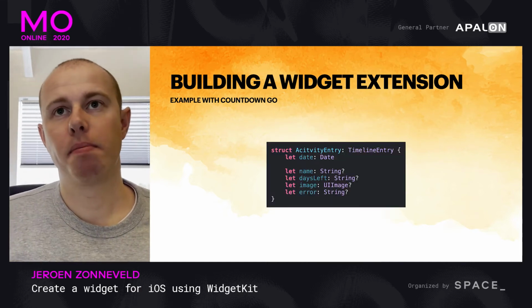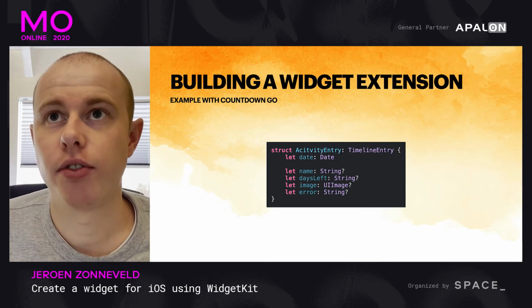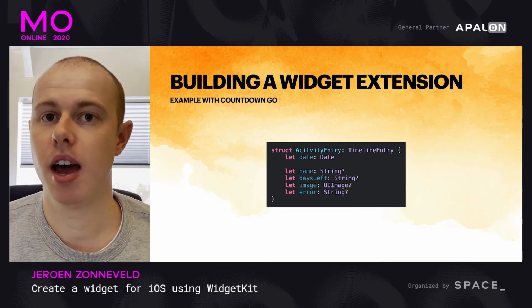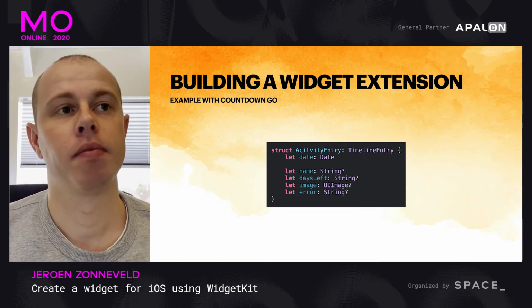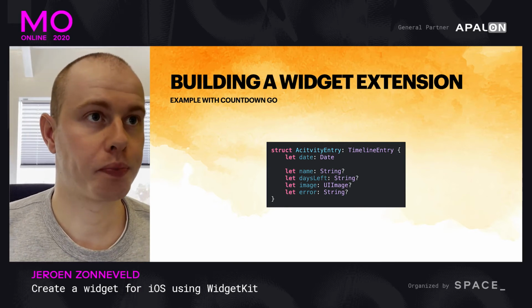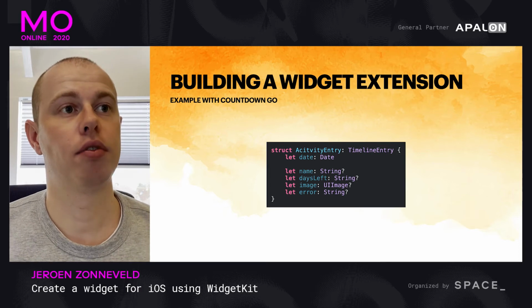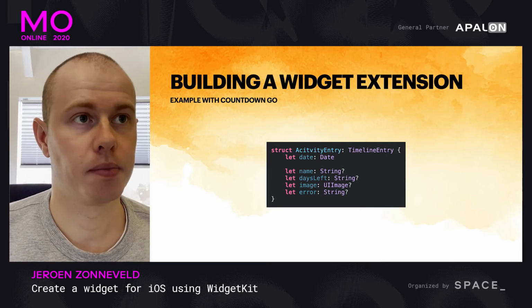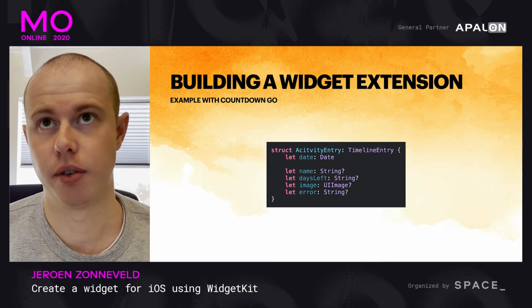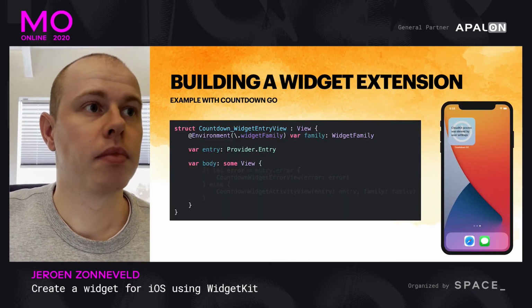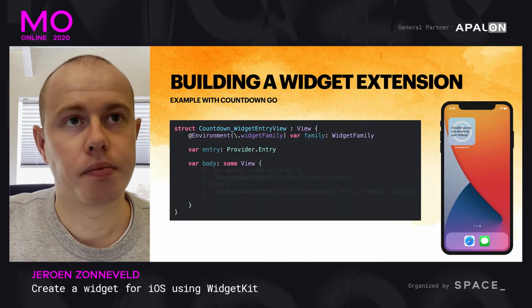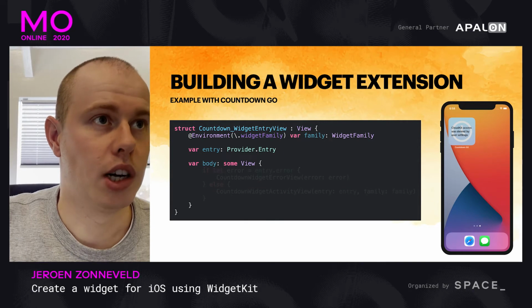I renamed my simple entry, which is the default name set by Apple, to an activity entry, and it contains multiple objects, which is the name of the activity, the days left, an image, and an error. My view is looking like this.